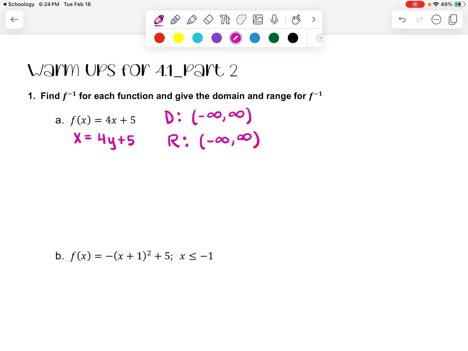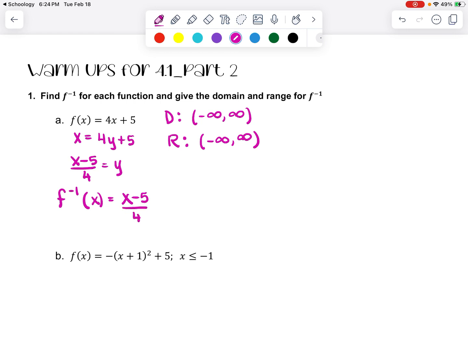And verify that I have (x minus 5) divided by 4 is going to be y. So I'll rewrite f⁻¹, which is the inverse, as (x minus 5) divided by 4.